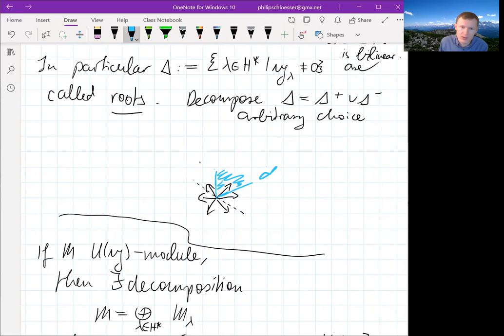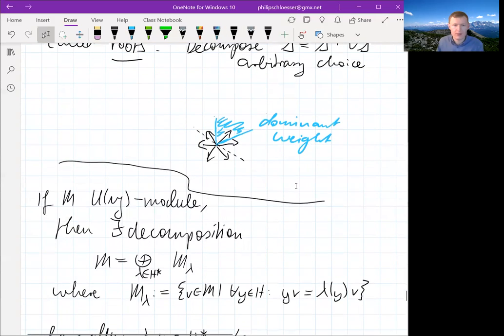So here we have dominant weights. Just because this line is orthogonal to the rightmost root, and the other line is orthogonal to the leftmost root.